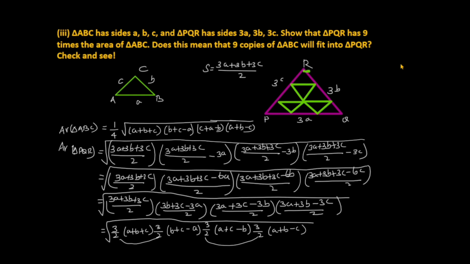So this is triangle 1, this is triangle 2, this is triangle 3, this is triangle 4, this is triangle 5, this is 6, this is the triangle 7, this is 8, this is the triangle 9. So when the triangle has sides 3A, 3B, 3C, it can cover 9 times the triangle with sides ABC.